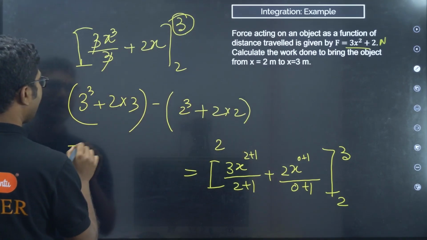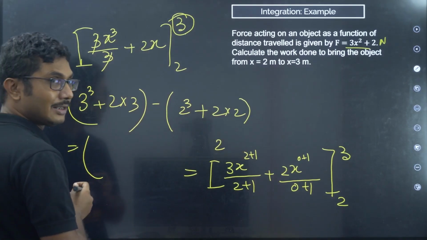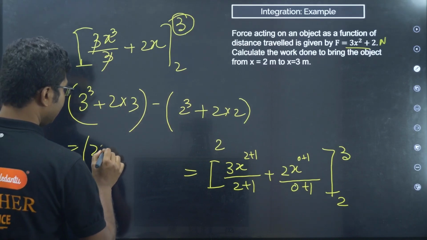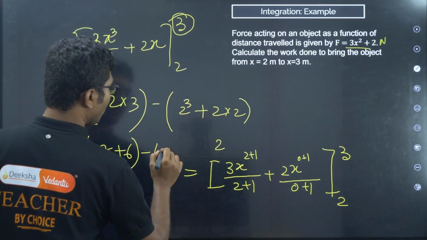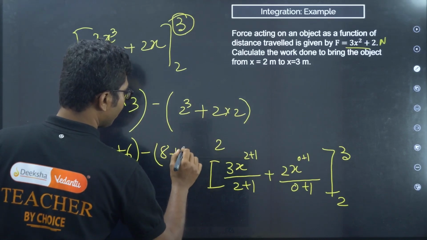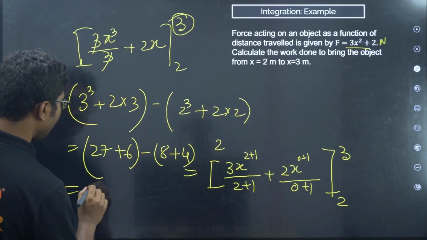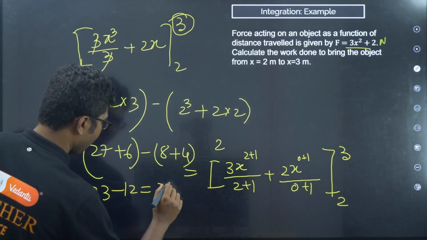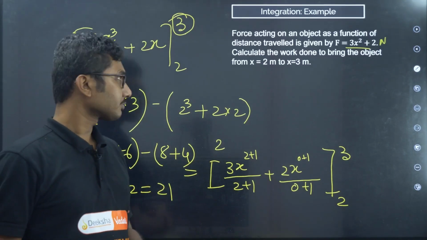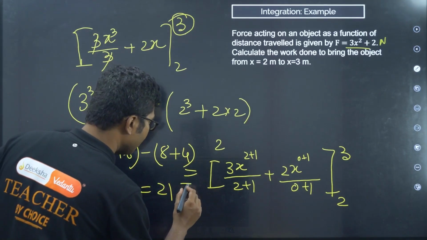Okay, so what is the value? 3 3 is 9, 3 9 is 27, plus 6, minus 2 cube means 8, plus 4, 12. So 33 minus 12, that is 21. And the unit will be joules.